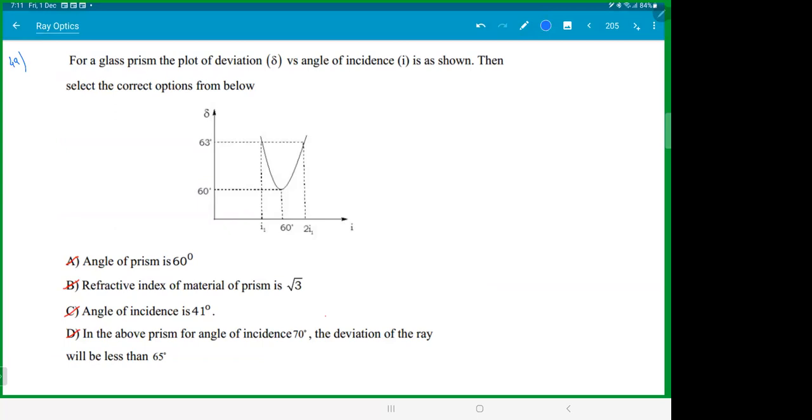Anyway, options will be given, like 33, 35, 37, so you can manage. Get this one. Assume that you didn't see these options are marked. Now solve. Get this, it's a good one. Delta versus I graph is given and this is the info. Just give it a try. I'll be back in a minute.